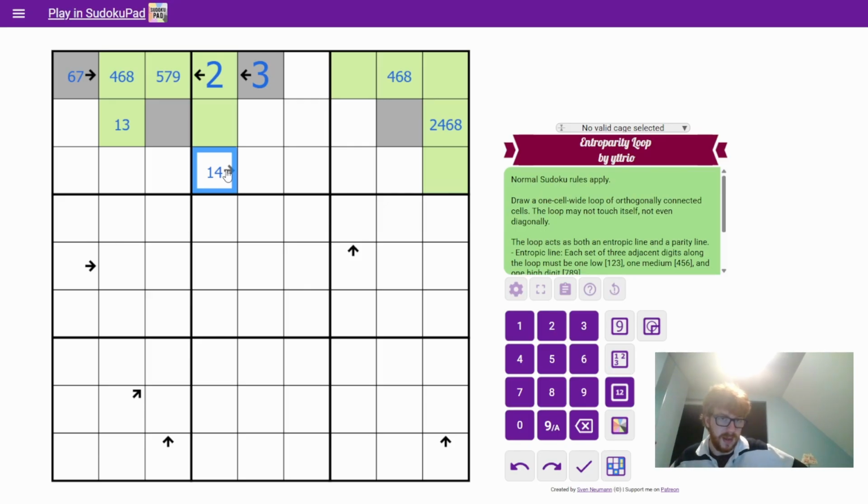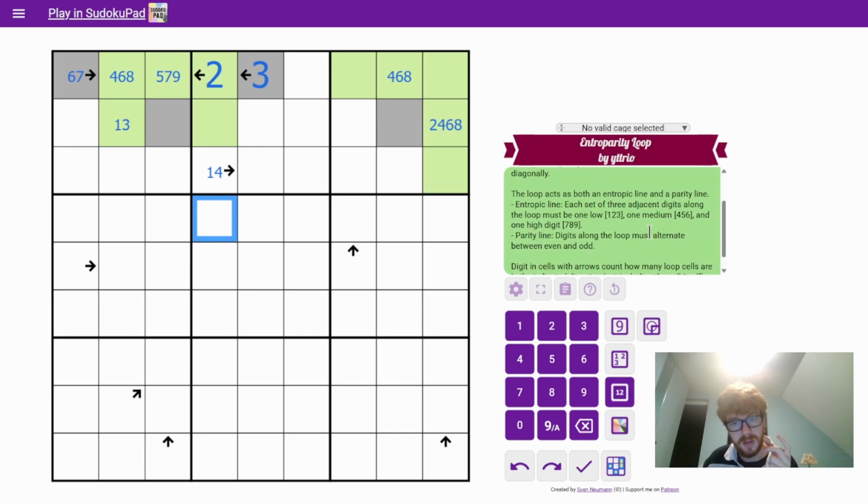So where is the next small digit? Could be there, with a 1 or a 3. I don't know. I don't know. So every entropy set has some difficulty, I think.